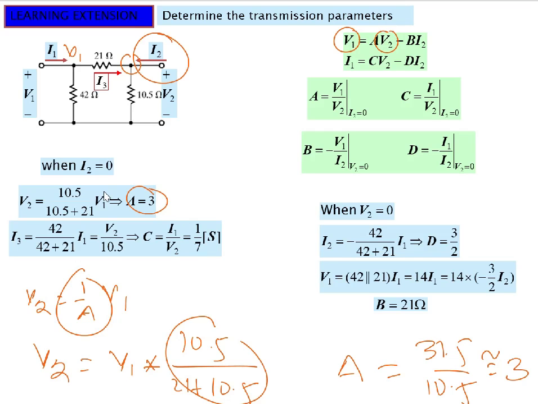Okay, so now the same test can result us in calculating C. How will we calculate C? So for that, we remove this thing that we have already written in here.